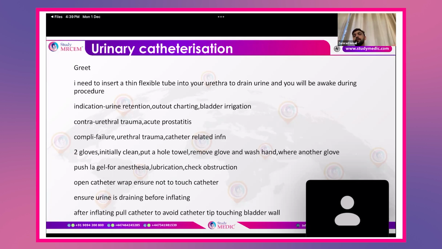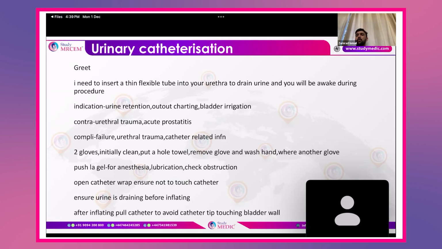I need to insert a thin flexible tube into your urethra to drain urine, and you will be awake during the procedure. To avoid any pain, we'll be giving you local anesthetic, and we'll be doing it in a sterile technique. Indications for urinary catheterization are urine retention, urinary bladder irrigation, and input-output charting.